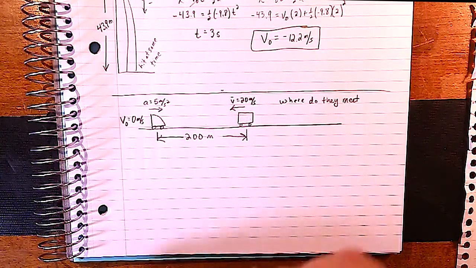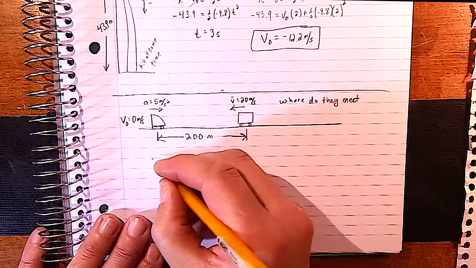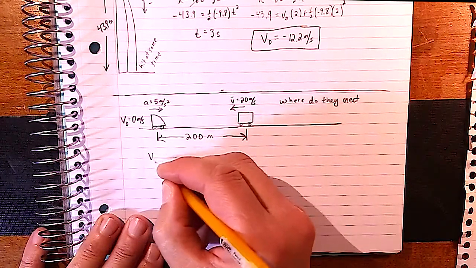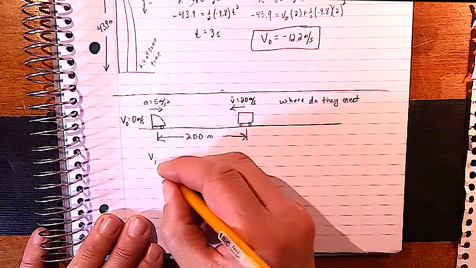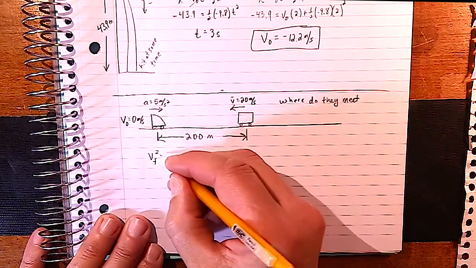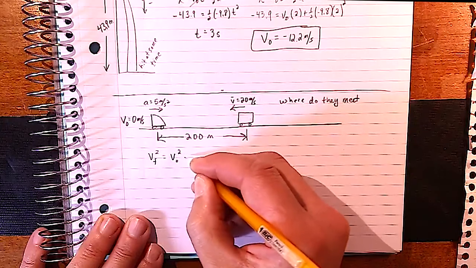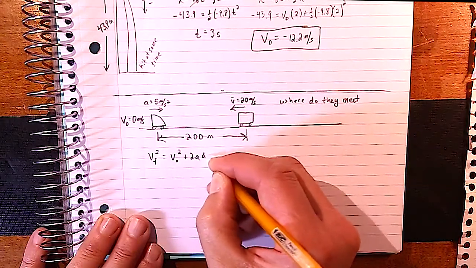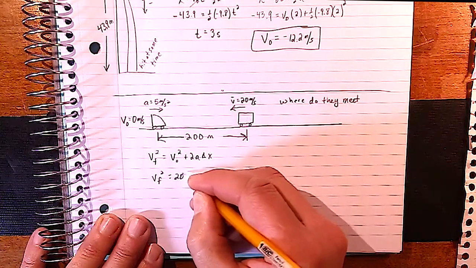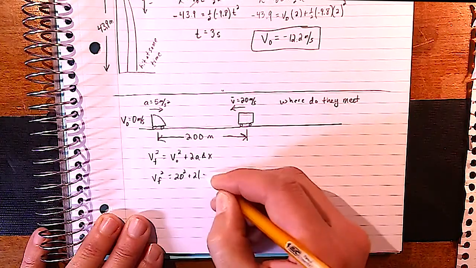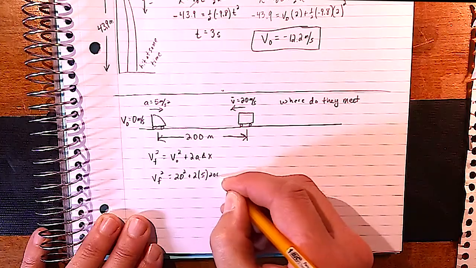So to find out where they meet, we can first find out how fast this car is going before it crashes into this other car. And the easiest way to do that is with Vf squared. So we can put in our numbers, which are going to be 20 squared plus 2 times 5 times 200.